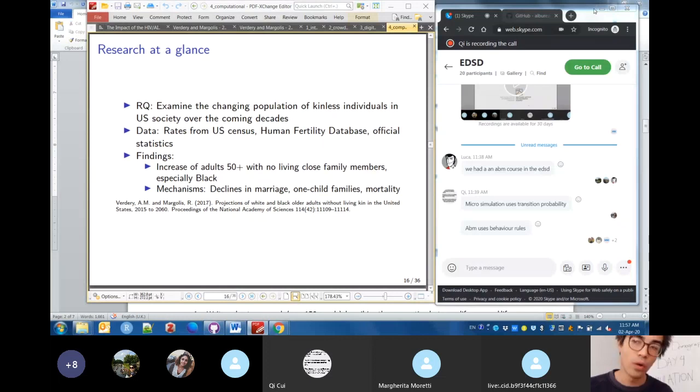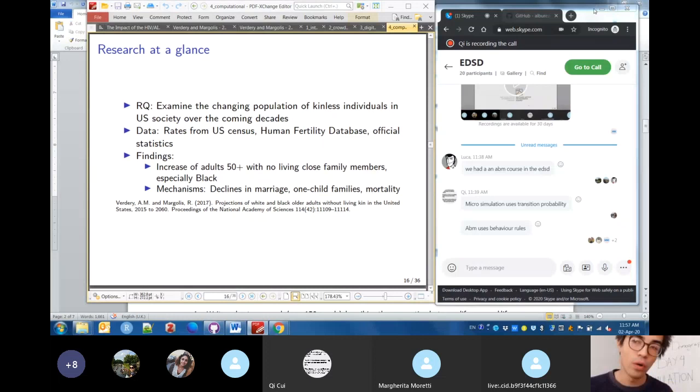Like, okay, the microsimulation suggests that this is the pattern that we're going to observe, but what explains these changes, right? So what are the mechanisms behind this? They identify three mechanisms: declines in marriage, the rise of one-child families, and changes in mortality that will affect the Black and white population in a different way.